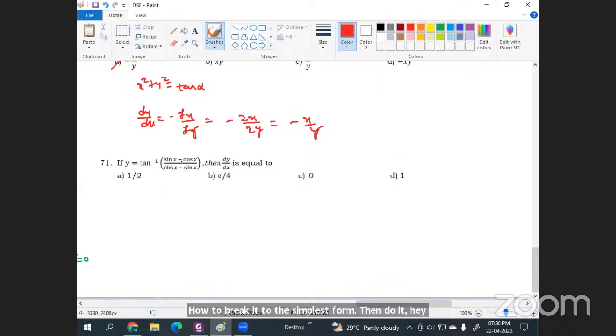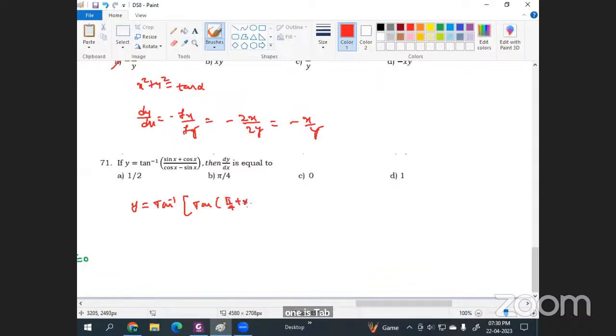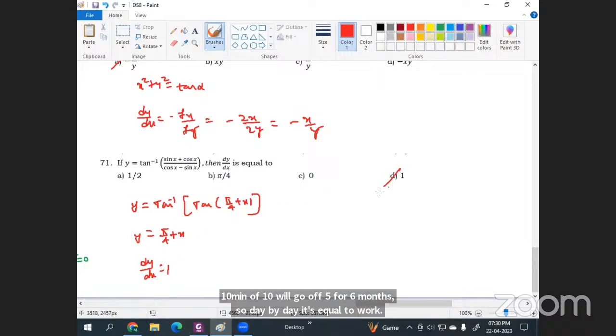Then we can write this as y equal to tan inverse of tan of (pi by 4 plus x). Tan inverse of tan will go off, so pi by 4 plus x. So dy by dx equal to what? 1. So D is the right option.